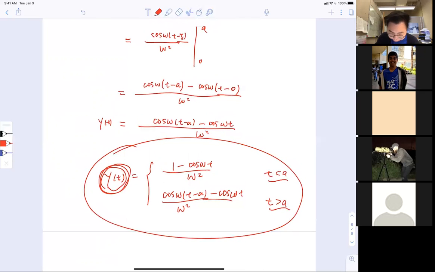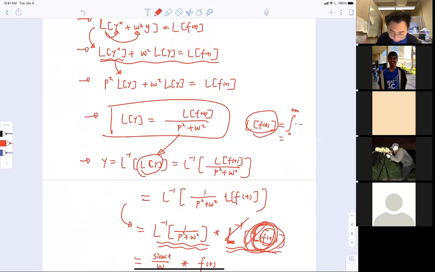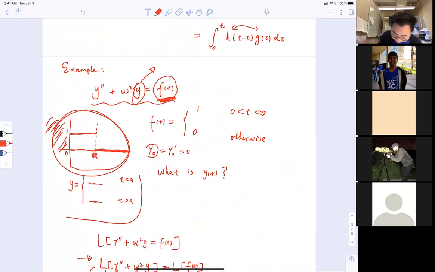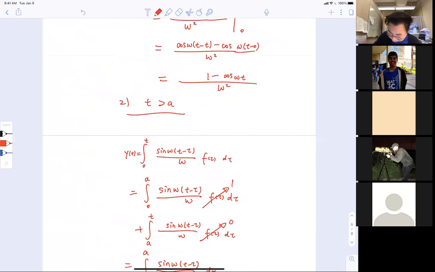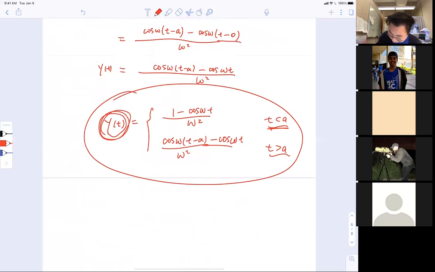By the way, we can also verify the initial conditions. You can plug in t equal to 0. Using this expression, cosine 0 is 1, so 1 minus 1 is 0.